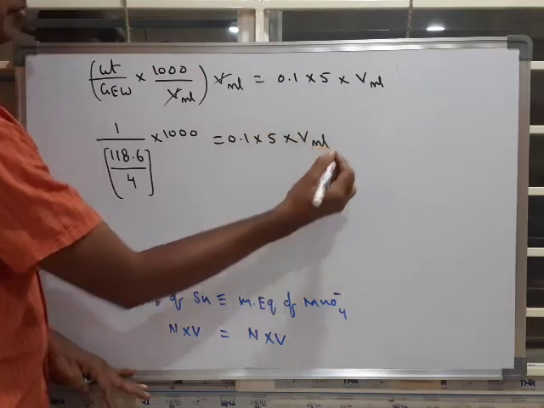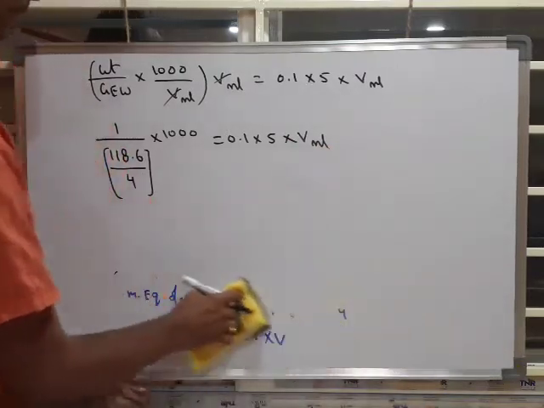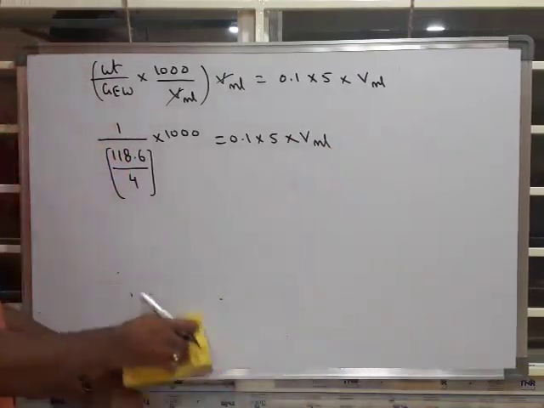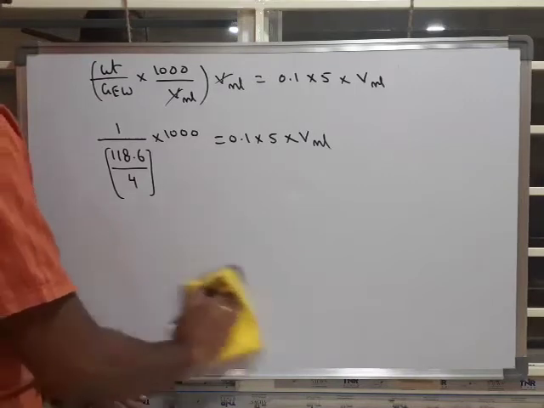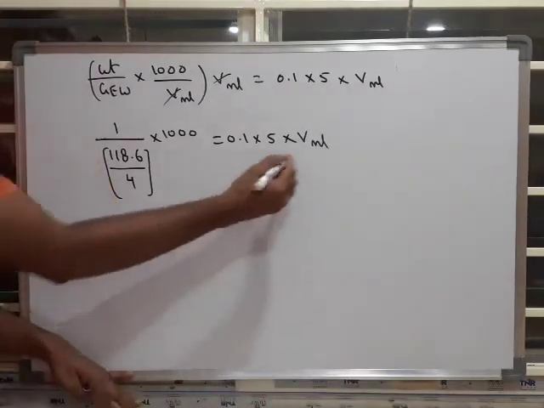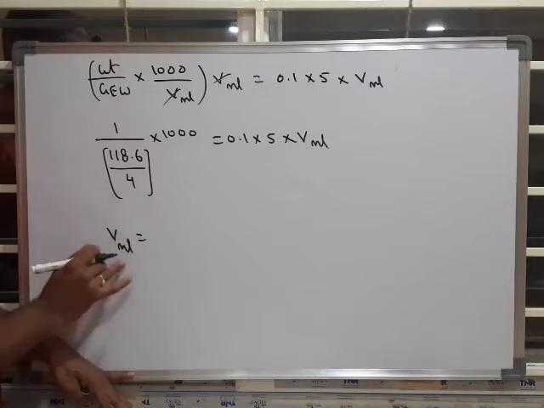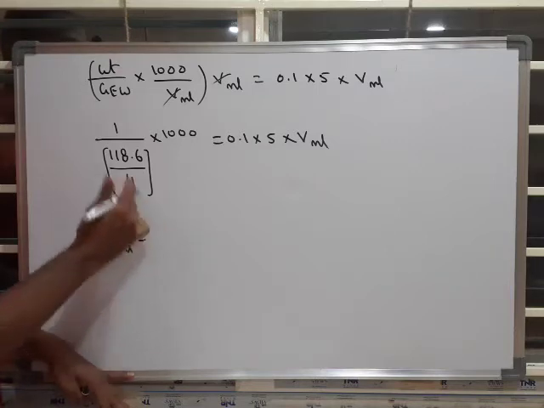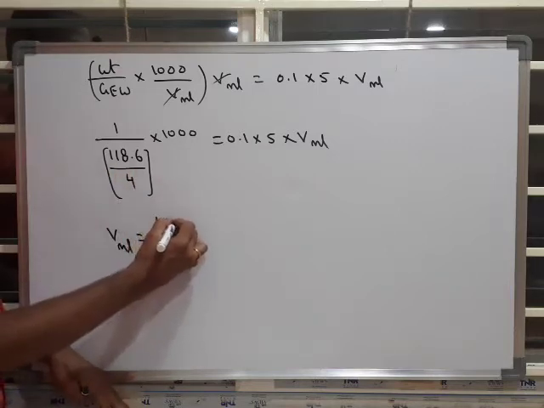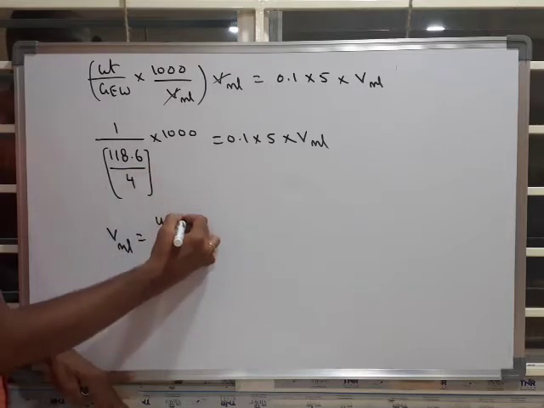Value of MnO4 minus. So actually V milliliter. Our target is to calculate the volume of potassium permanganate. So how will you get it? The 4 into, so write it as 10⁻³.